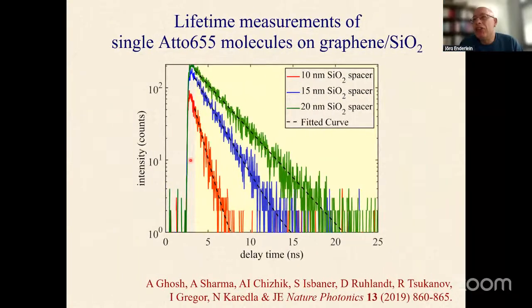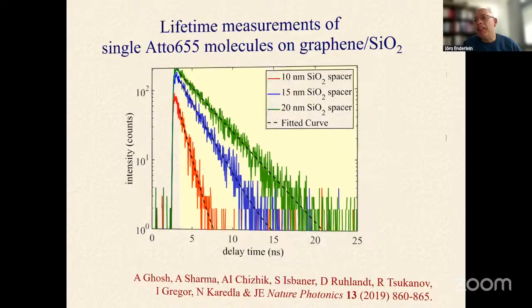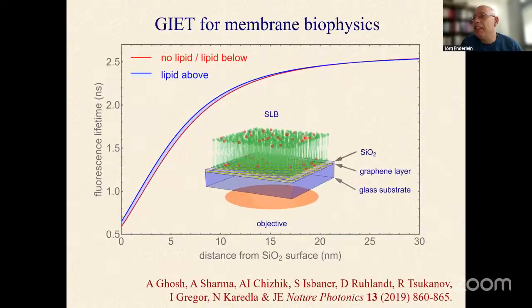Not in the membrane. What we showed was that when you have a static sample, where nothing is moving, then you can get this super high resolution, even with single molecules, but with immobilized molecules on such a graphene sample. The problem with the membrane is that you always have lateral diffusion.